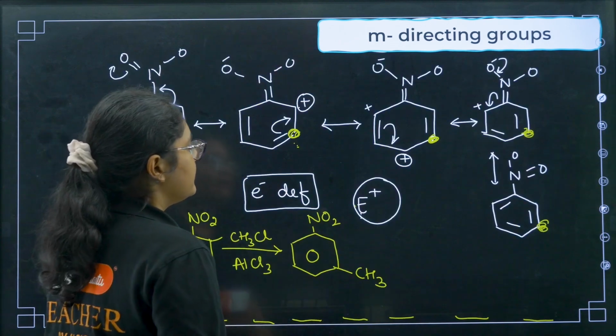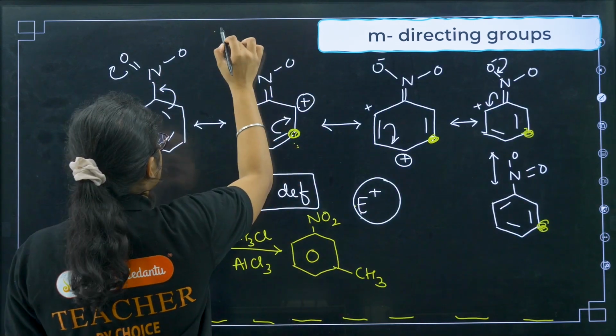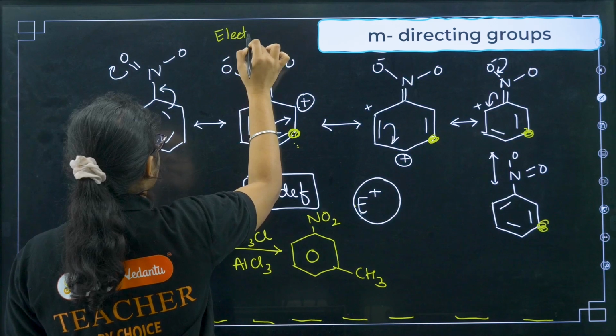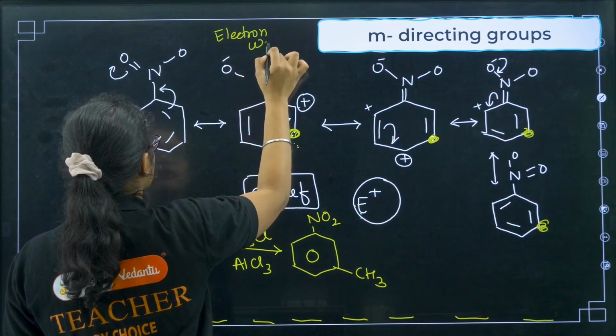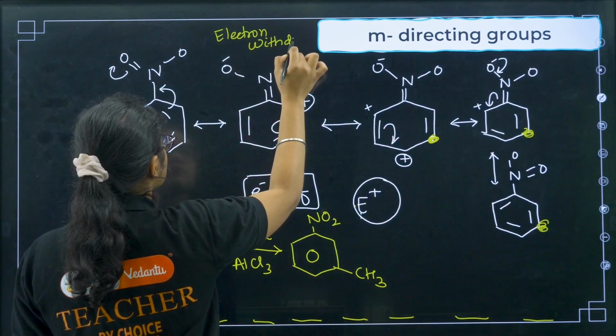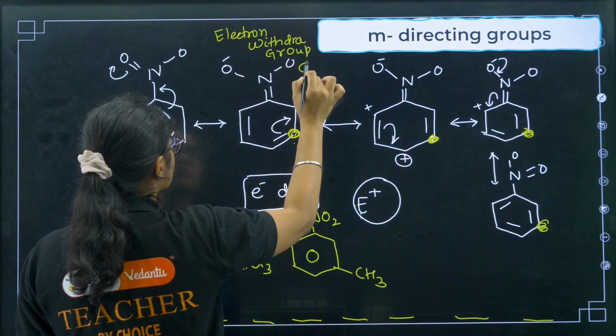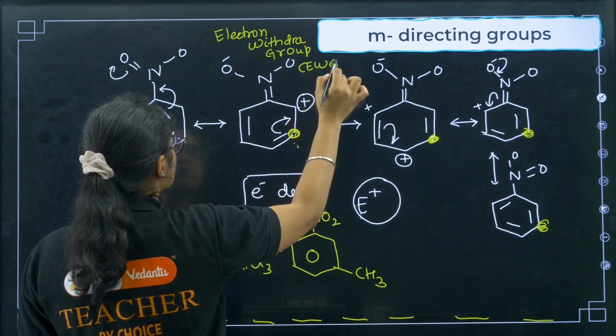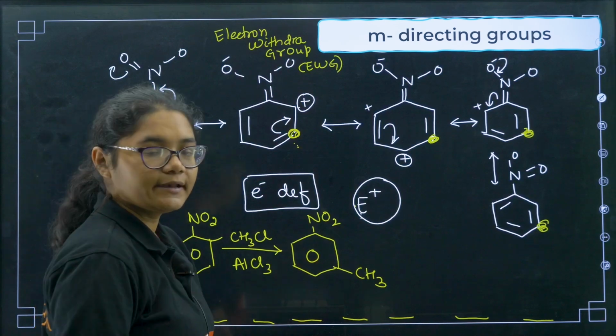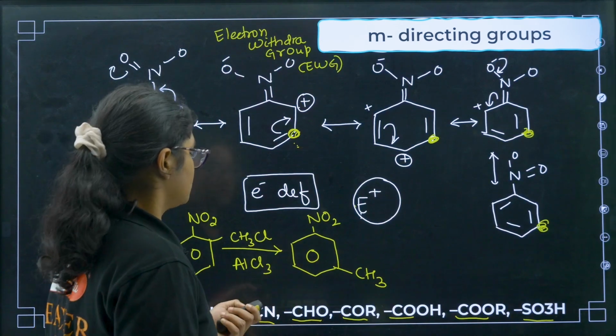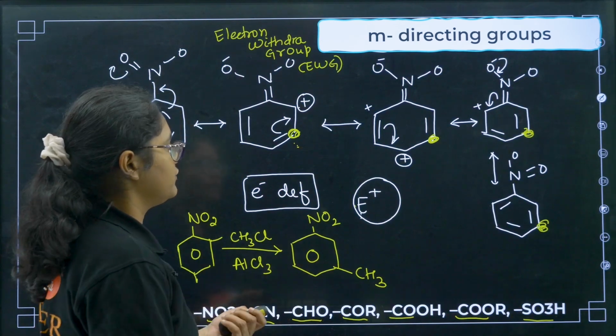Next, meta directing groups are your electron withdrawing groups. Okay, clear? Fine. So these are the examples of electron withdrawing groups.